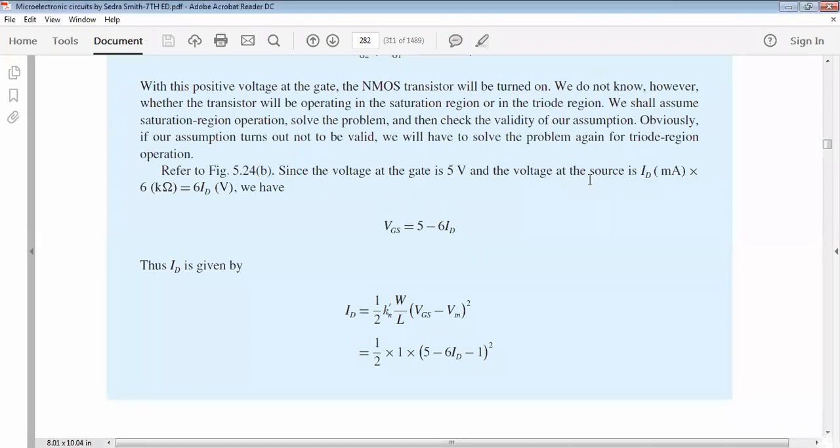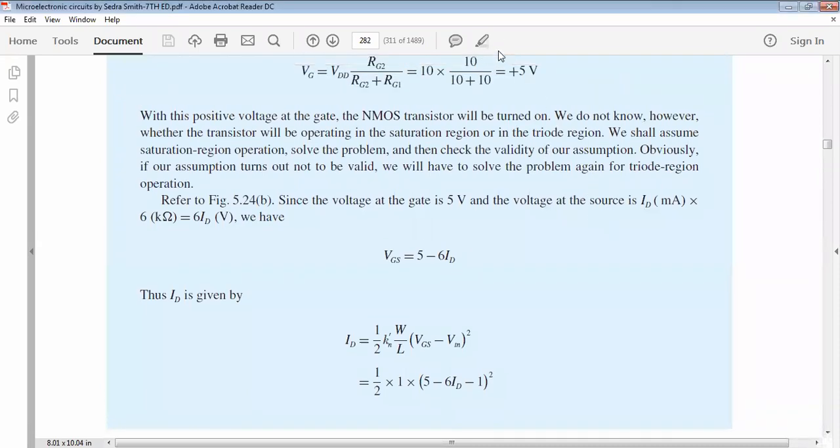We do not know, however, whether the transistor is operating in the saturation region or the triode region. The triode region is also called the non-saturation region.